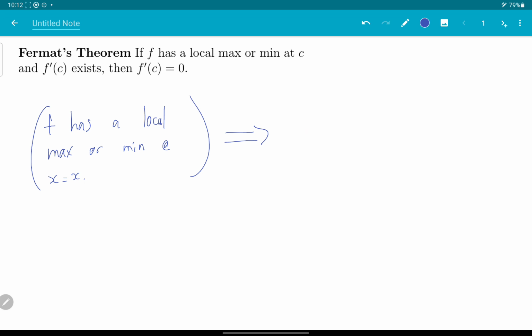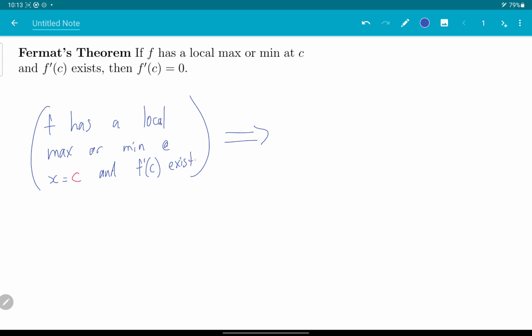that, oops, a couple mistakes here. It should be x equals c rather, x equals c here. And I forgot this condition, f prime of c exists. And f prime of c exists.